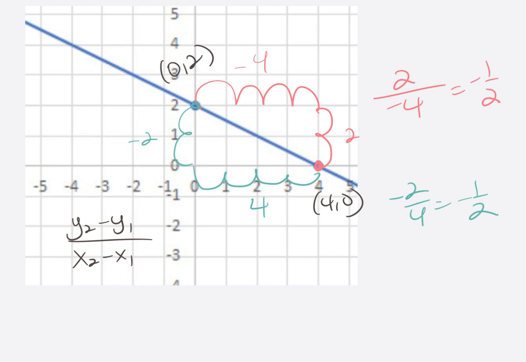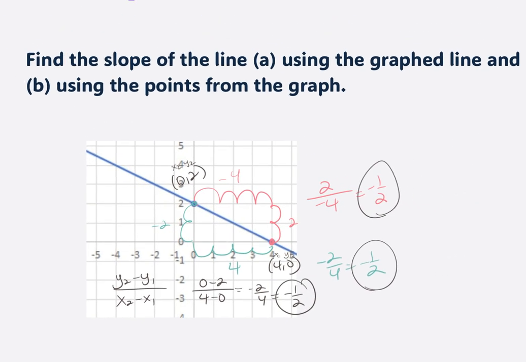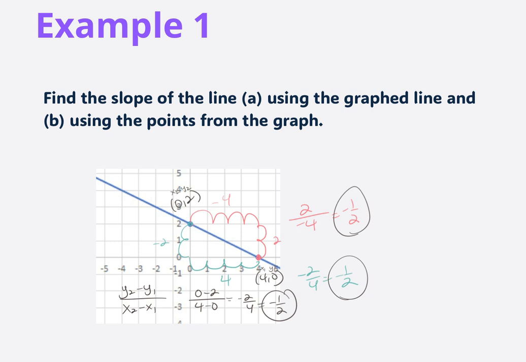So if I start with this x1, y1, this x2, y2, I get 0 minus 2 over 4 minus 0. So all the ways should get you the same answers. Questions on that one?